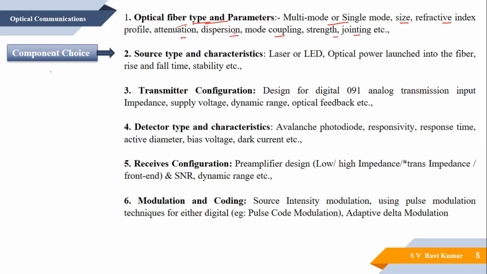Coming to source type, you have laser diode and LED, and you need to consider which is better, the optical power launched into the optical fiber, the rise time, the fall time, and stability.